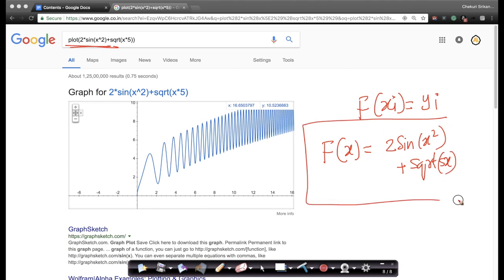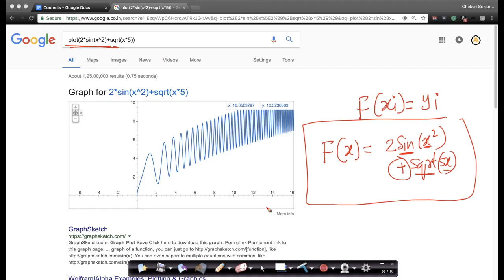This is the actual function from which I plotted this. This is the graph of 2 sine x square plus square root of 5x. It's a very, very complex function of x. There is a trigonometric function, there is a square root function, there is a square, there is a multiplication, there is an addition. There are lots of functions here.